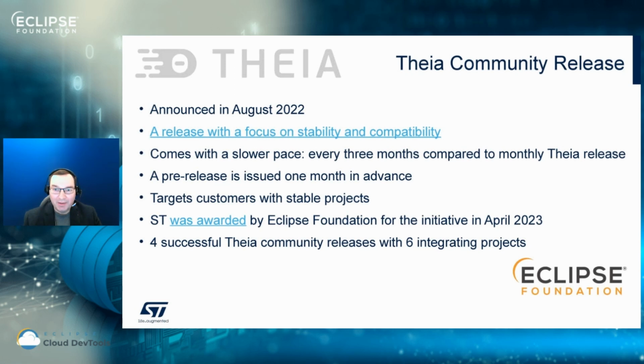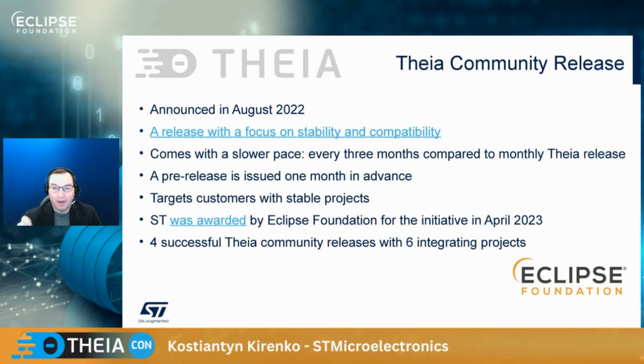It might be too fast for those who use it in stable products; integrating every month might be hard. So there was a proposition to issue community releases every 3 months with focus on stability and compatibility, and with a pre-release 1 month in advance.